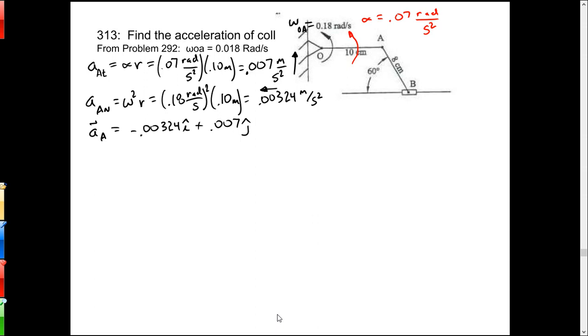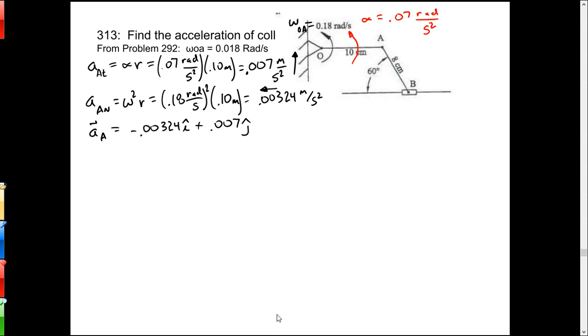All right, so what you want to do on this one is start from O to A and get the acceleration of A. A is alpha r. That's the tangential acceleration of A. So alpha is 0.07, r is the length of the linkage, 0.1, so that's 0.007 meters per second squared.